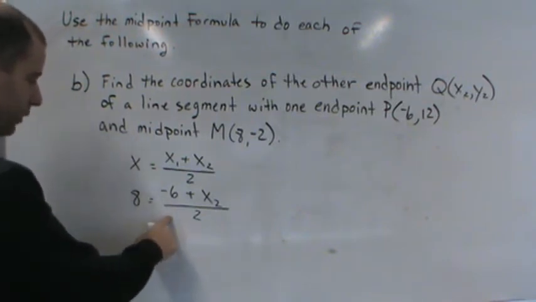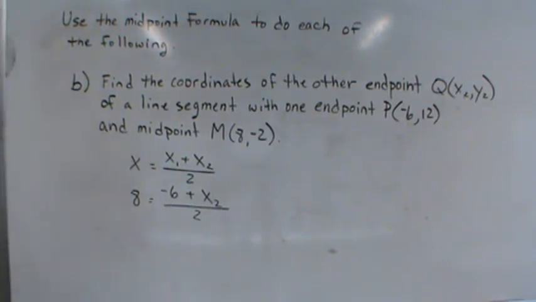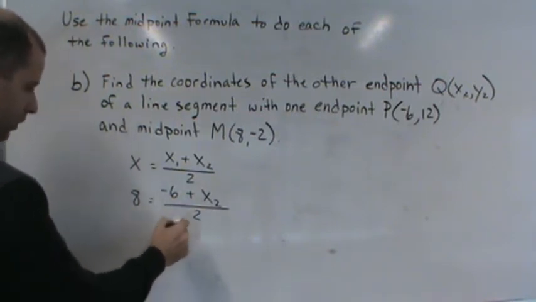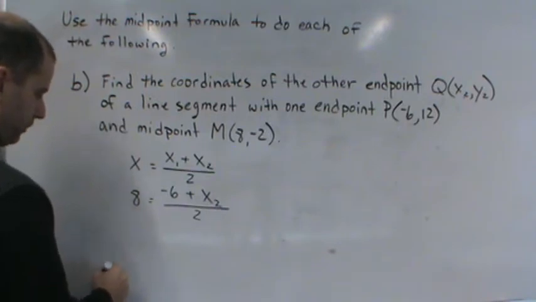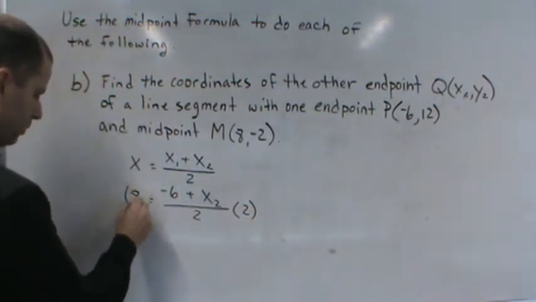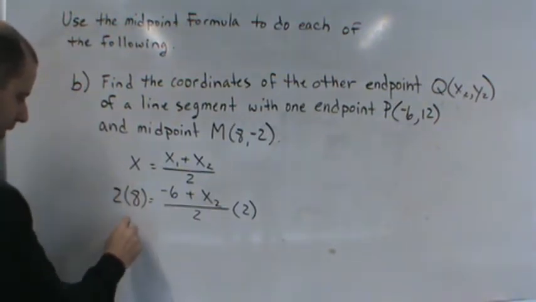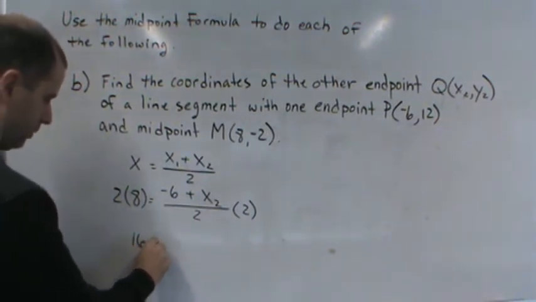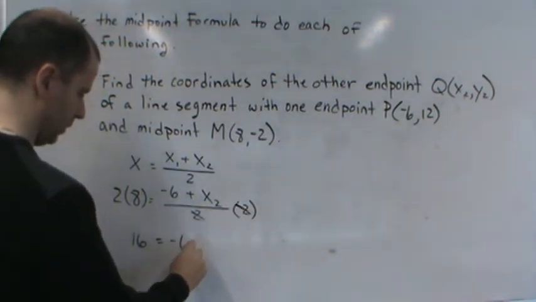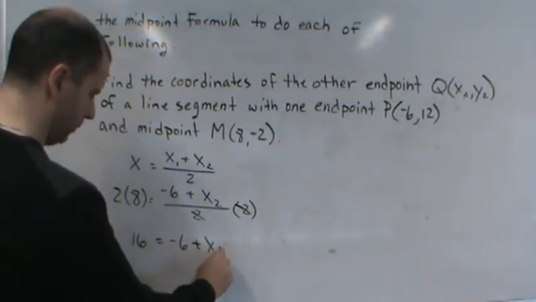So now we can solve this. So how do we solve this? Well, just solve for x, right? So we're going to multiply both sides by 2. And so if we multiply both sides by 2, we get 16 equals negative 6 plus x2.